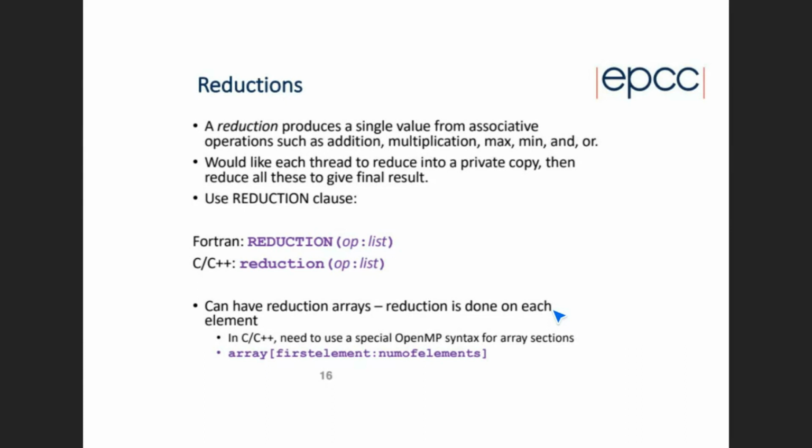However, for reductions, the situation is slightly different. We can do reductions on arrays, and the meaning of that is that the reduction operation is done separately on each element. Every thread gets a private copy of the array, but the result is still an array. It's not forming the sum of the array into a scalar. It's just doing the reduction operation individually on every array element.